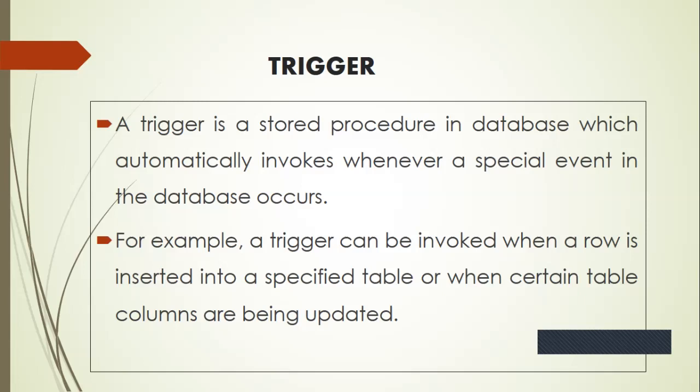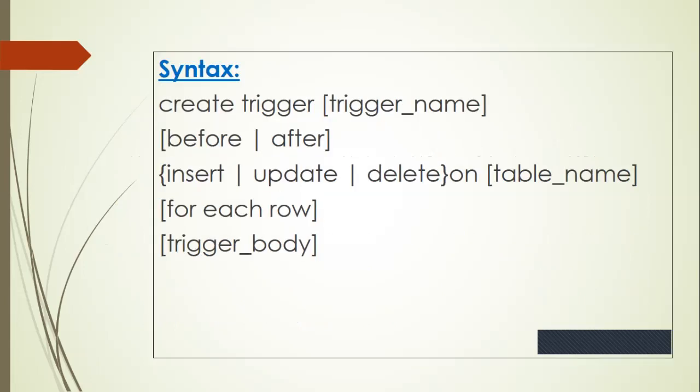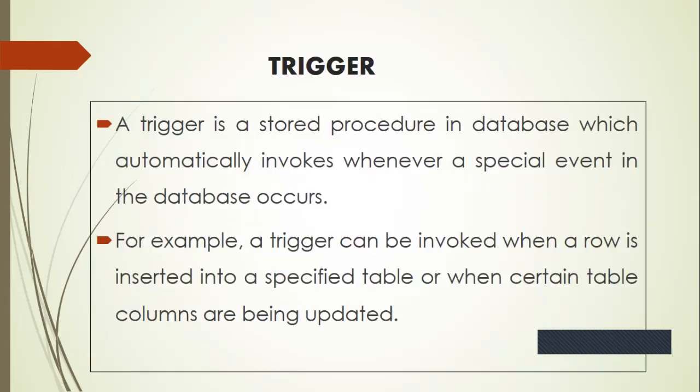So in DBMS, let's see what a trigger actually is. A trigger is nothing but a procedure in which you can have a trigger for a row, whenever a row is inserted or a column is added, or for any DML operation: add, update, delete.